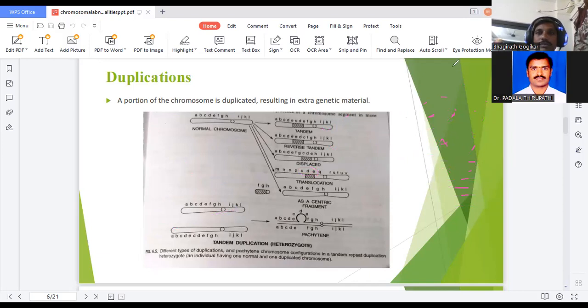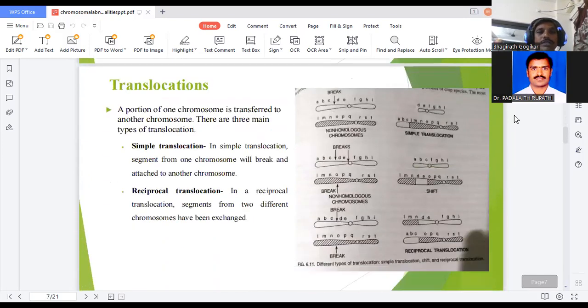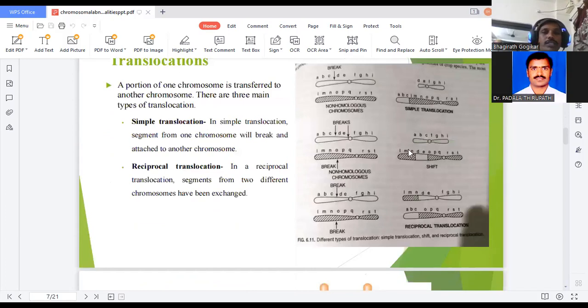Okay, next, translocation. Translocation means a segment or portion of a chromosome or chromatid is transferred from one linkage group to another linkage group.